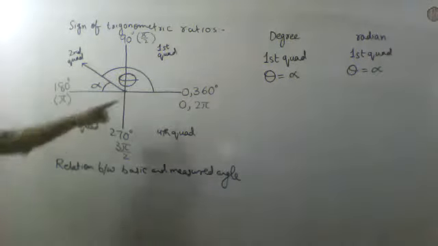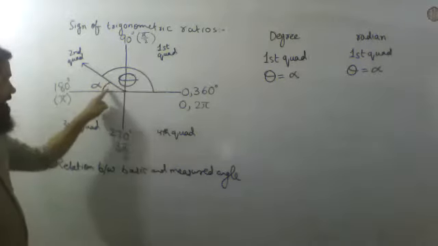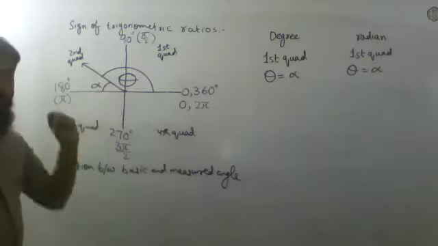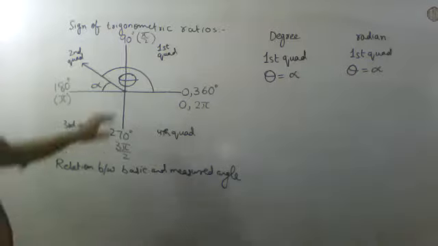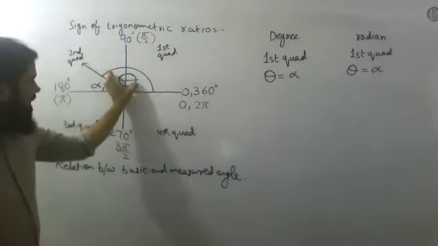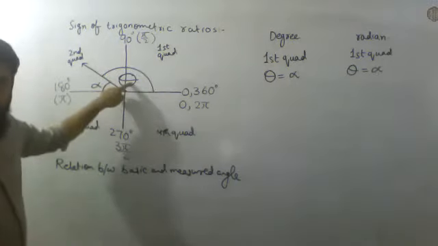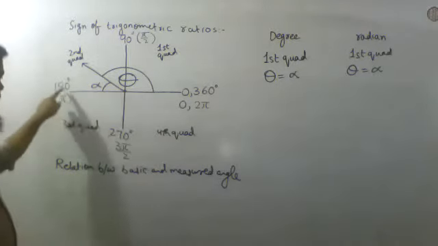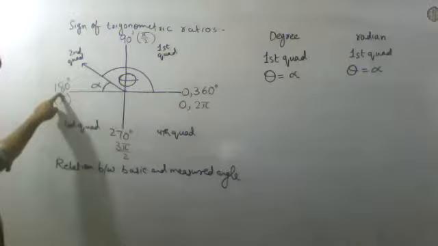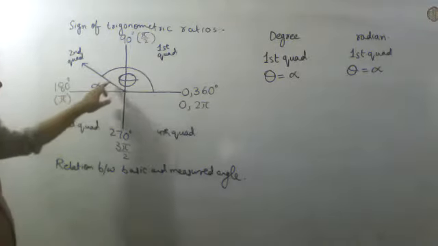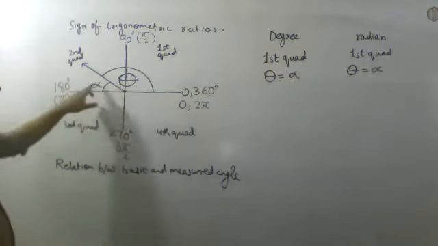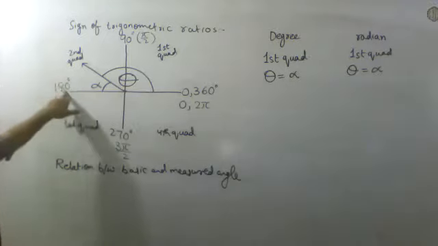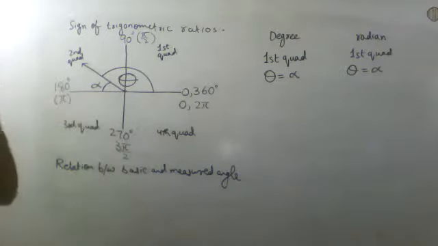Okay, this is the measured angle and this is the basic angle. How will I do the relation? See, if I add this measured angle with this alpha, the whole thing will become 180 degree. If I add this one with this one, it will become a straight line and the whole angle will become 180 degree.